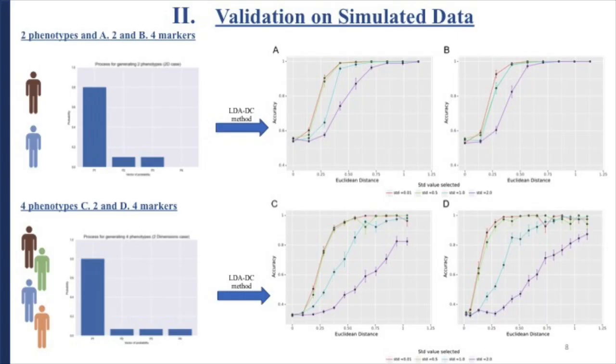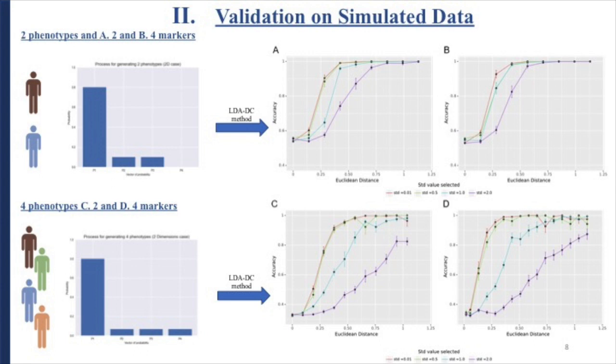Now we decided to simulate some patients, generating different phenotypes with different markers. Imagine we have two phenotypes and a vector of probability of 4. We can update this probability and apply our technique. What we found is that when the Euclidean distance is high, we can separate the patients with a high accuracy, near 1.